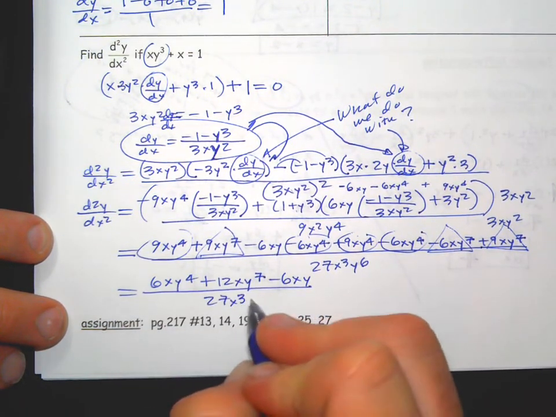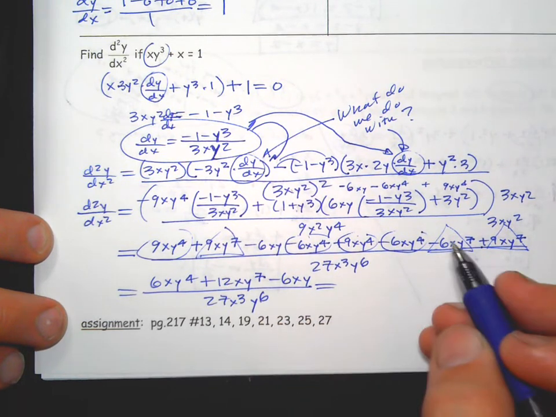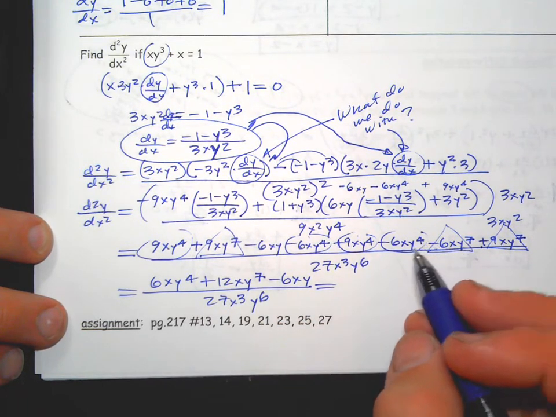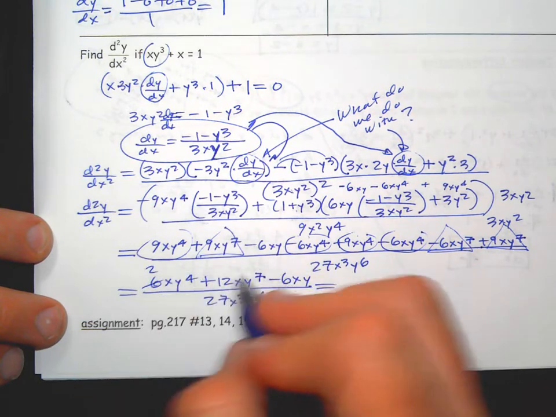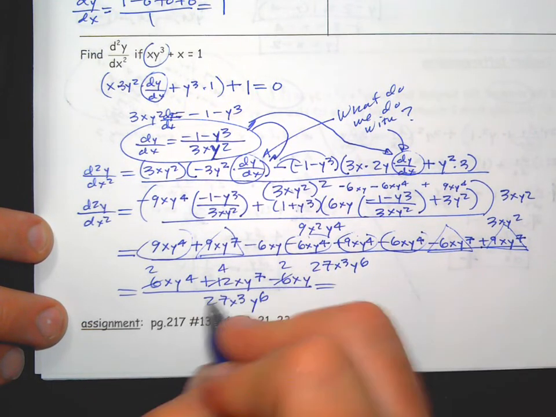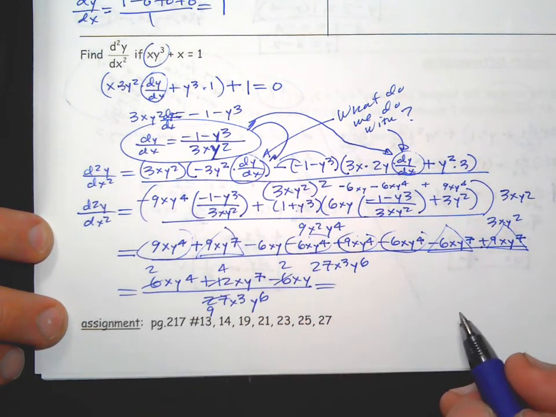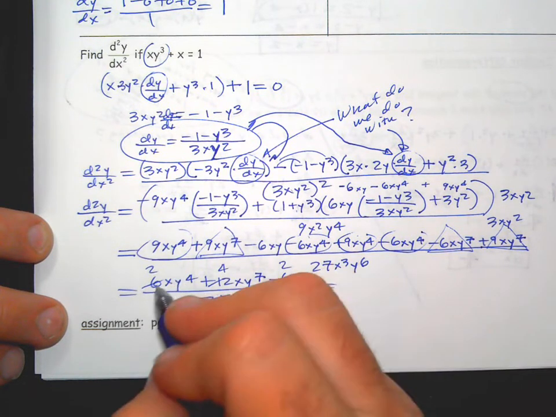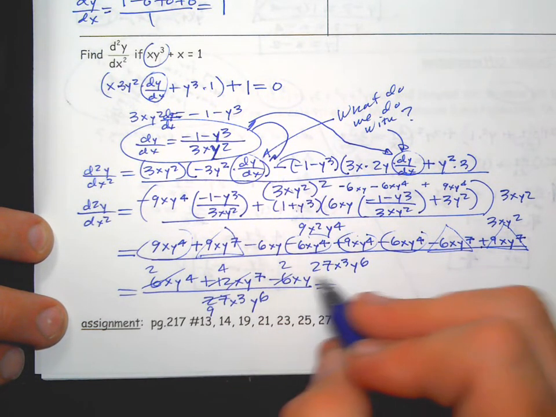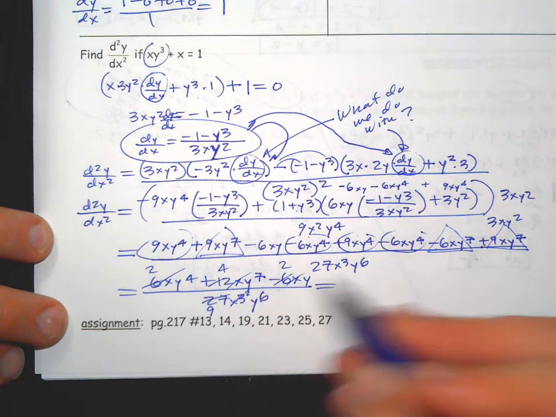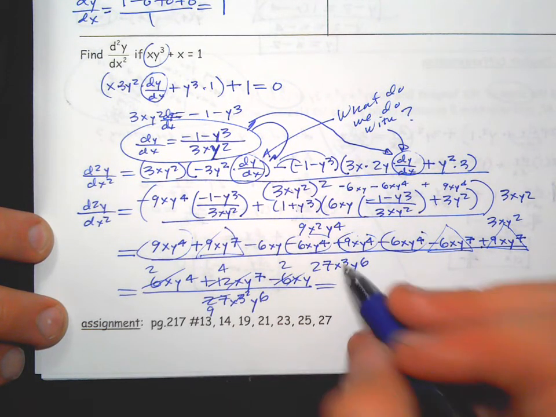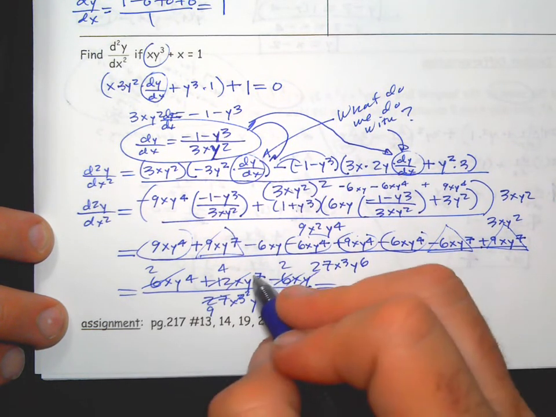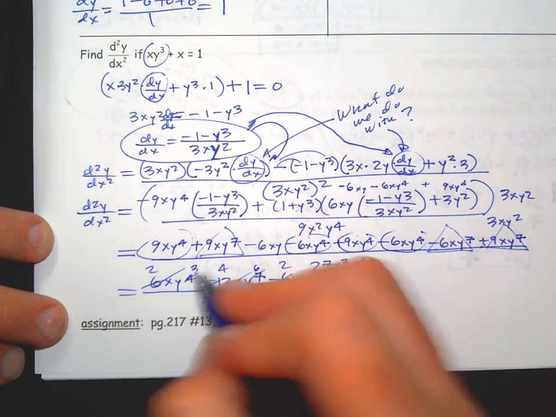And then can we reduce anything? Take a 3 out, right? Of everything on the top and bottom. We could take an x out of everything on the top and the bottom. We could take a y out of everything on the top and the bottom.